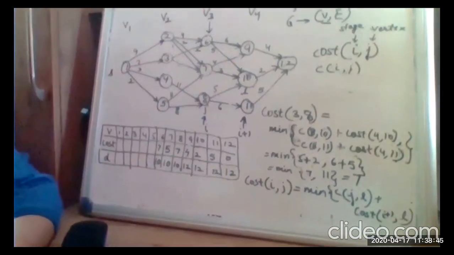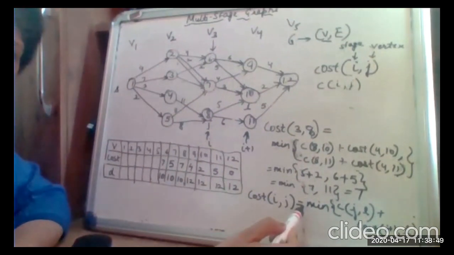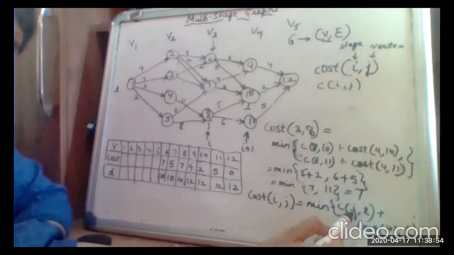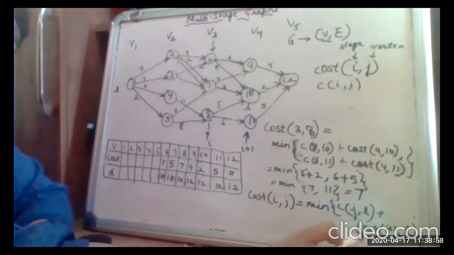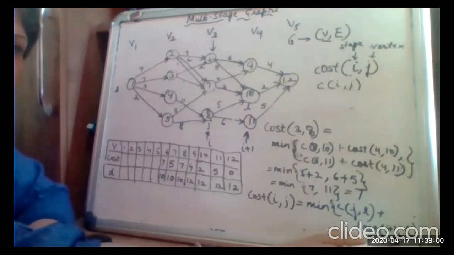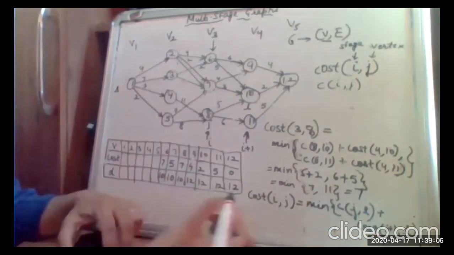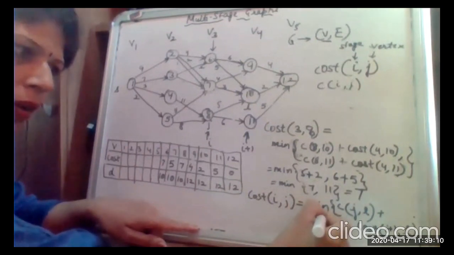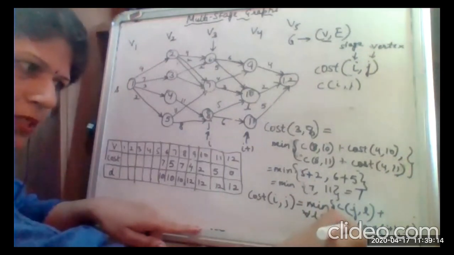So what I have included here is cost(i, j) equals minimum of the cost for the edge j to L plus the cost for the L vertex at the I plus 1th stage. Now what is this L? Where all L belongs to V(i+1).